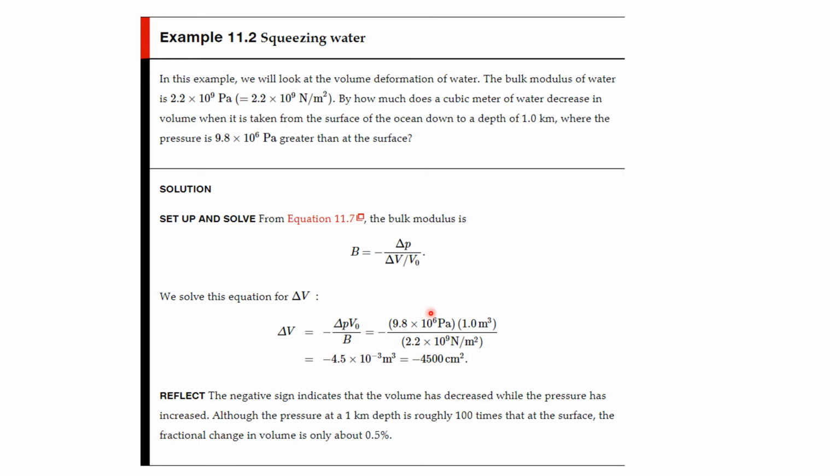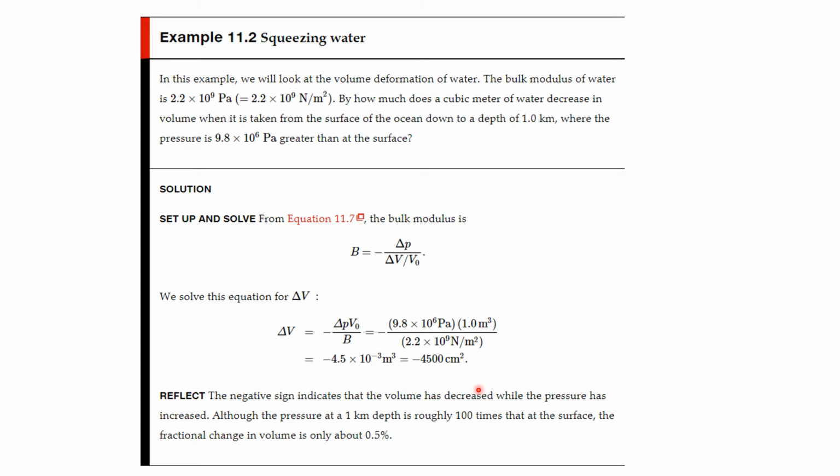And the change in pressure is going to be this, because this was the whole change in pressure. That may be a little bit different in the problem that you're working, but this is the change in the pressure. The volume was 1 cubic meter, and this is the bulk modulus.